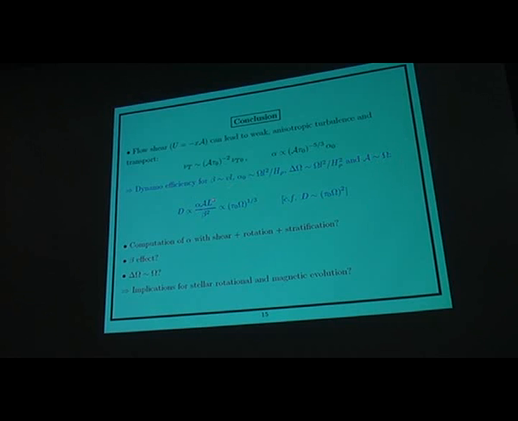Then what you end up with is that the dynamo number now becomes tau 0 times omega to the 1/3. So it still increases with the rotation rate, but much more weakly than before, which was omega squared. And in this estimate, there is a lot of uncertainty.